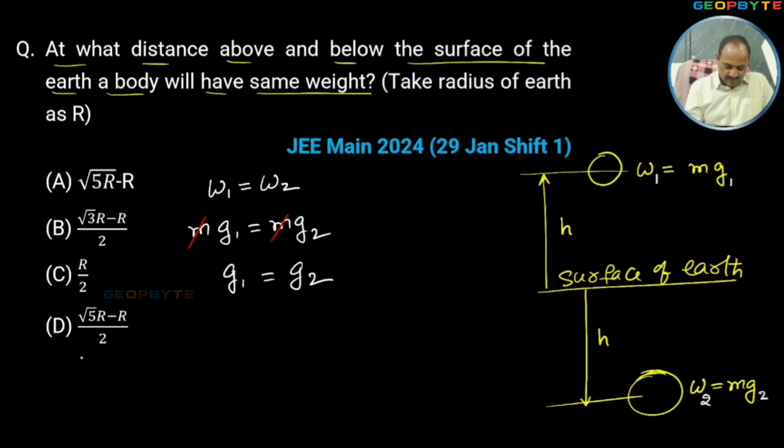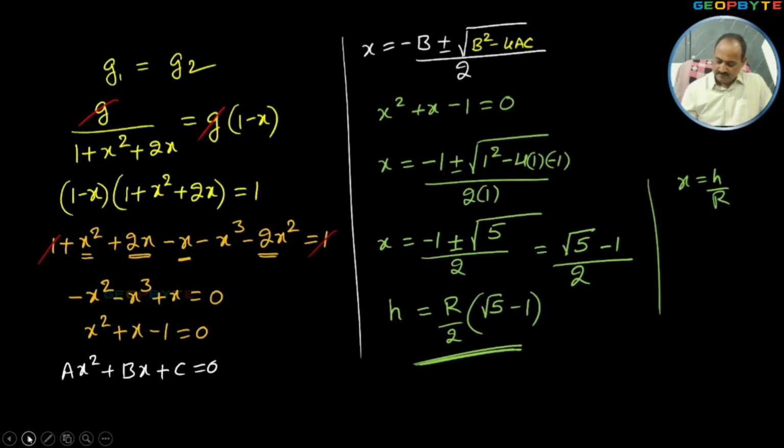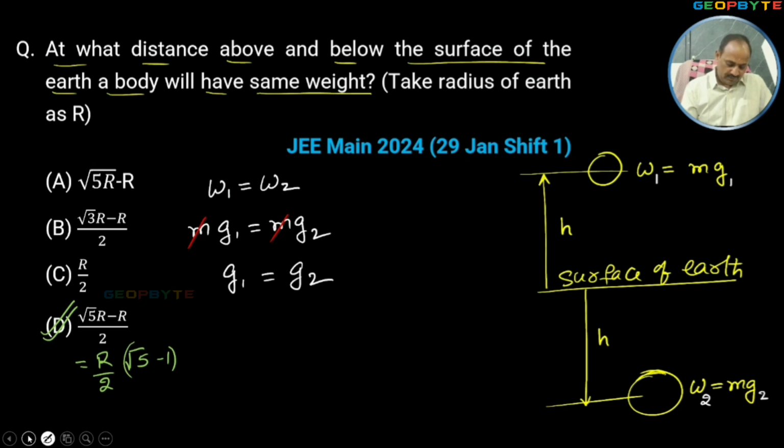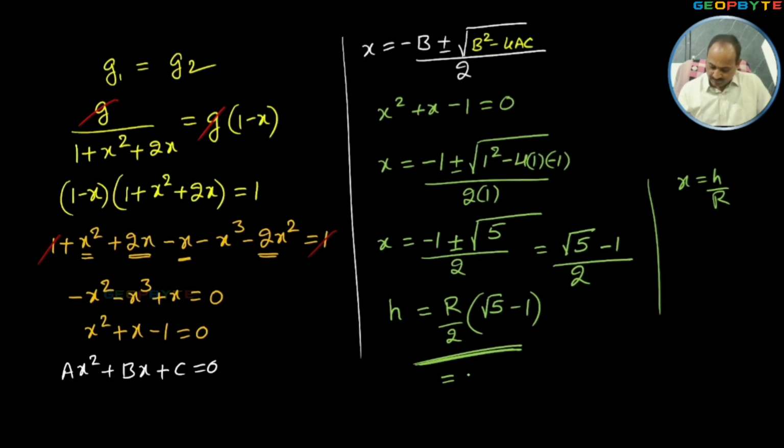Okay, this can be written as R by 2 into root 5 minus 1. Okay, so option D is absolutely correct. Understood clearly? This can also be written like this: root 5 r minus r divided by 2.